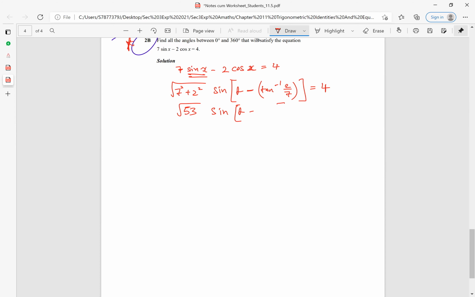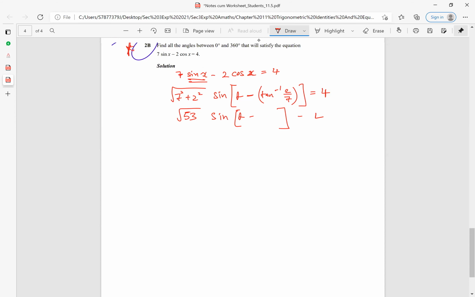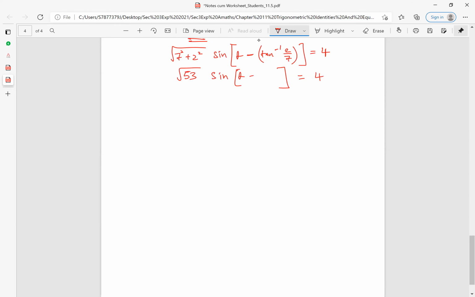What do you get? 15.9. Okay, 15.9. Do one more calculation for me. So alpha equals sine inverse 4 over square root 53. 33.3.